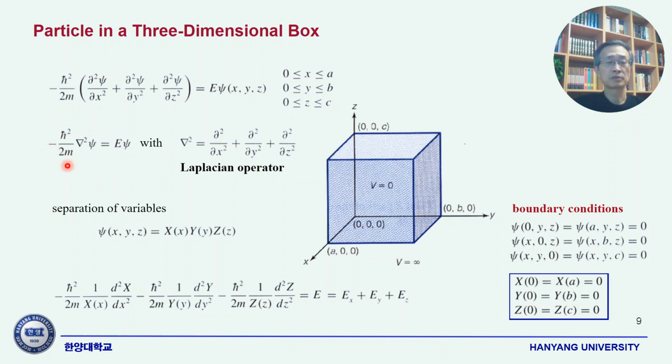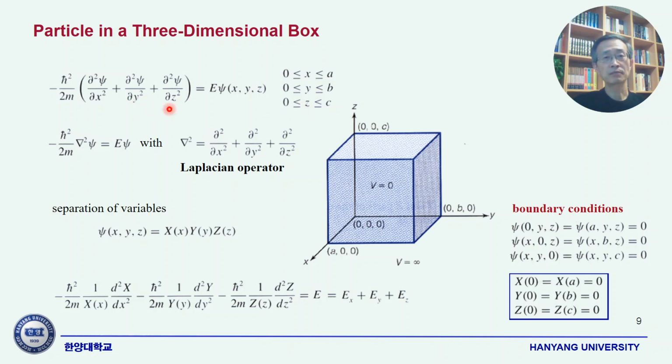Our Schrödinger equation is minus h bar squared over 2m del squared psi equals E psi. This is a shorthand form using the del squared operator, the Laplacian operator. Laplacian is this one. So in full notation, we have this as the Schrödinger equation for a particle in a three-dimensional box, and this is the boundary of the box.